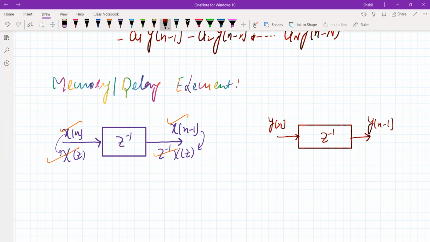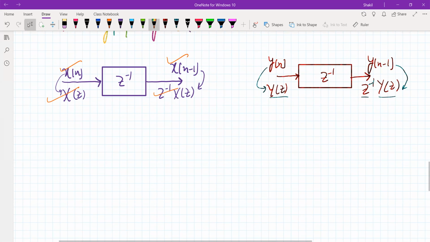Now the same thing in the frequency domain. We write y of z, and the output will be z inverse y of z. Why? Because the same input in the frequency domain will be y of z, and using the shifting property, the output will be z inverse y of z. Alright, so this is the delay element.